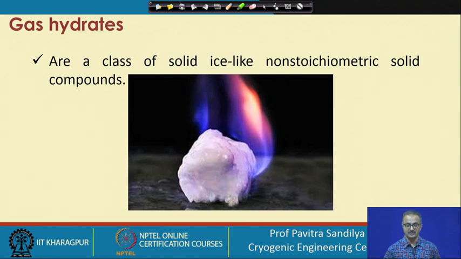We have to do some analysis, and we find that this apparently solid ice is burning. This burning characteristic tells us this is not water ice but gas hydrate, and it is burning because of the presence of methane.